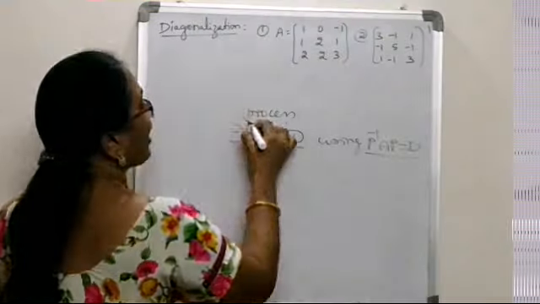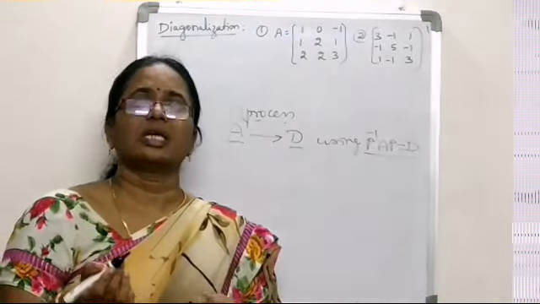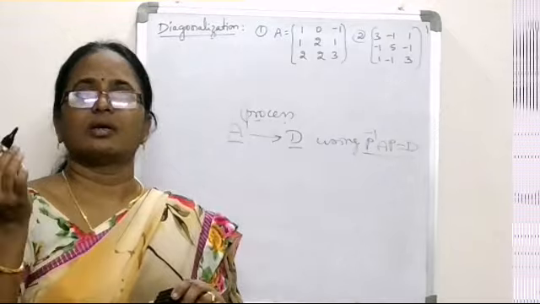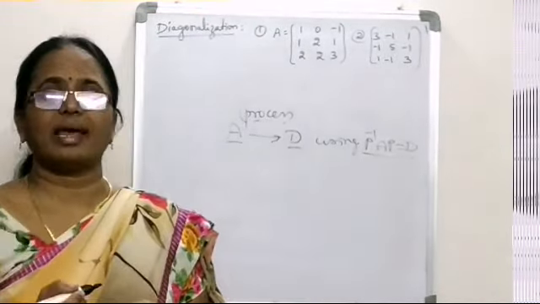That process is known as diagonalization, or simply the process of converting the matrix to a diagonal matrix is called diagonalization.